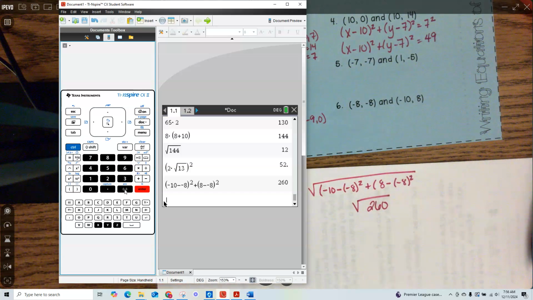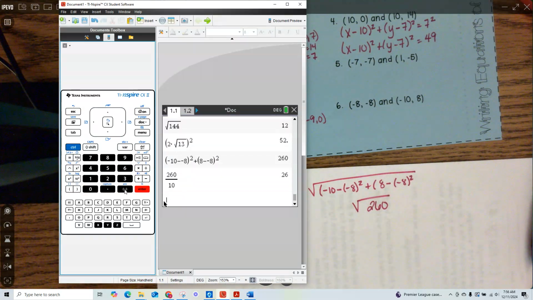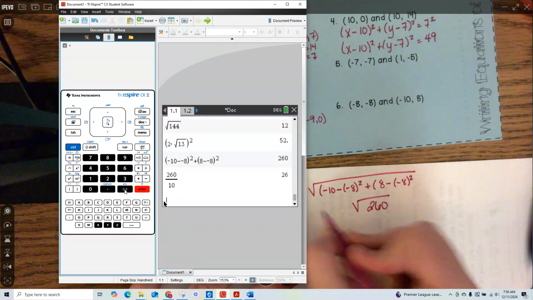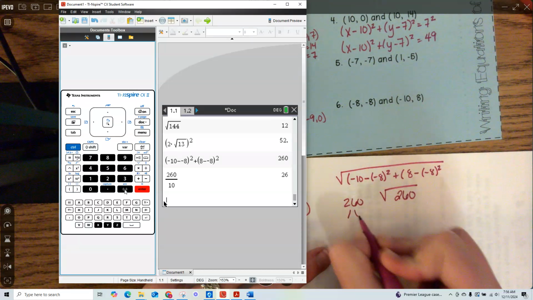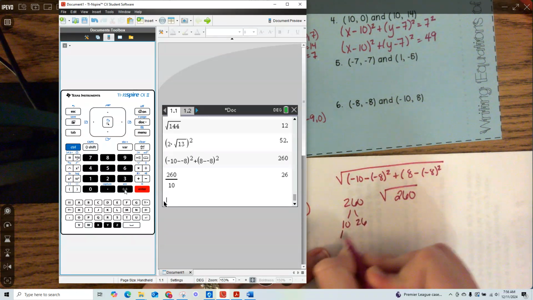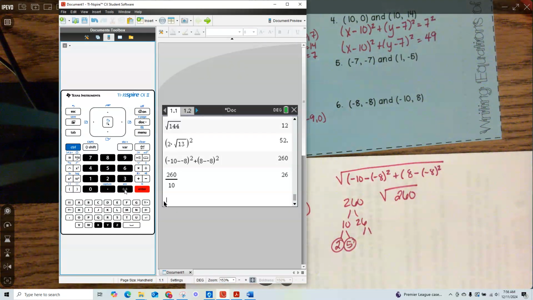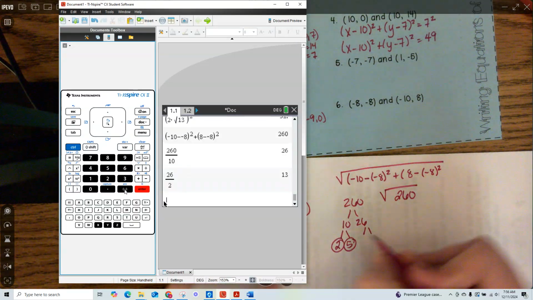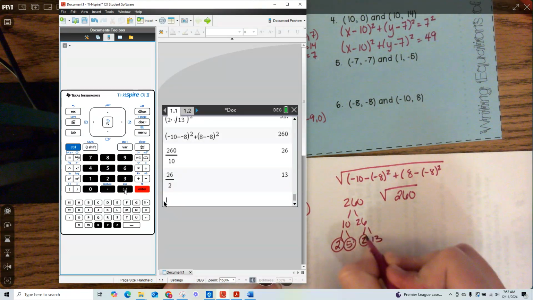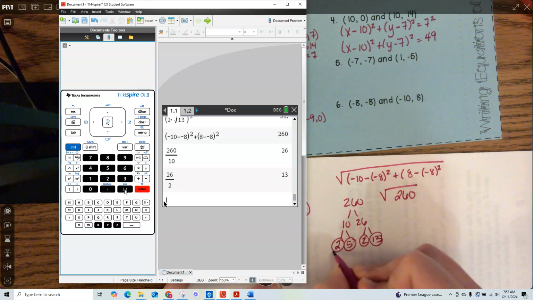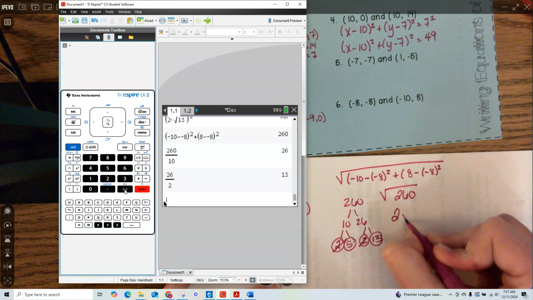Then I simplify it. 260 is 10 times 26. 10 is 2 times 5. 26, I can divide by 2: 2 times 13. Those are all prime. I have a pair of 2's, those get to come out.